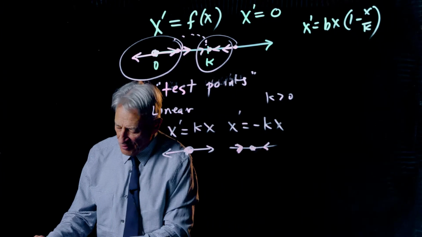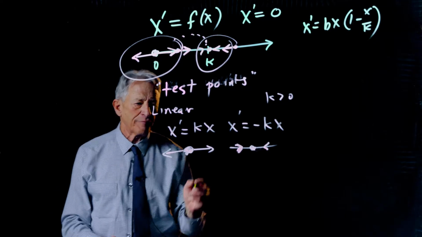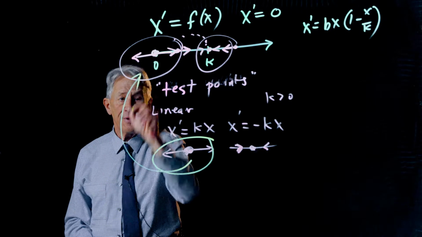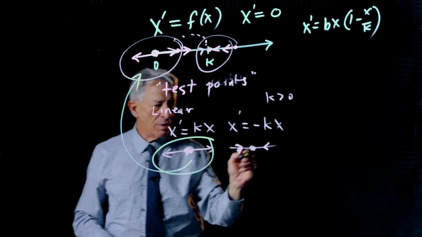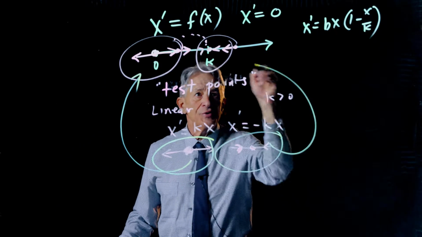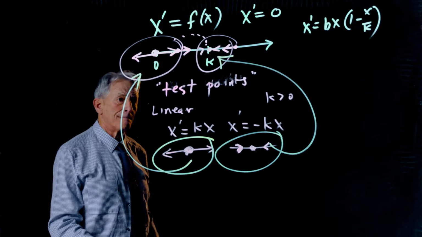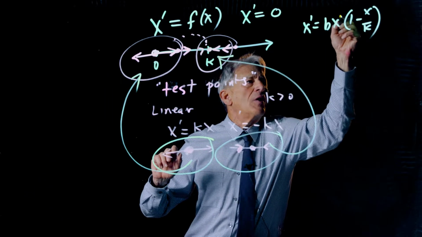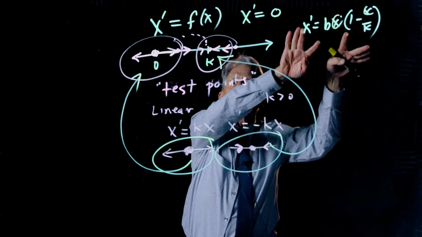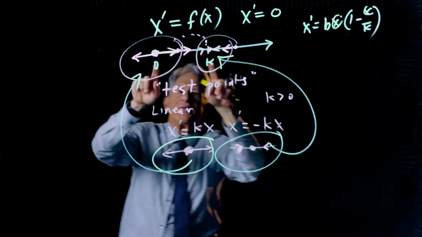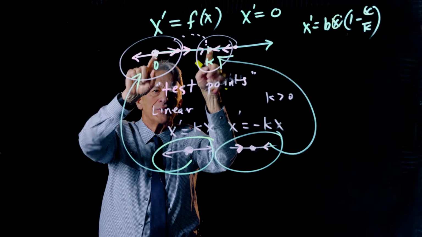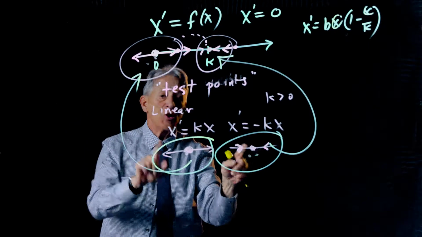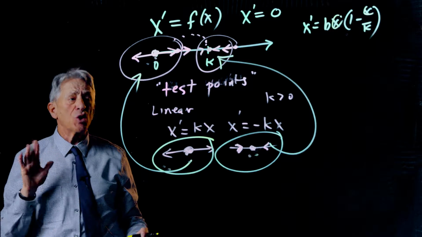So this is the remarkable point. This is this. This is this. In other words, even though this is a nonlinear equation, the equilibrium points are exactly the equilibrium points of linear equations.